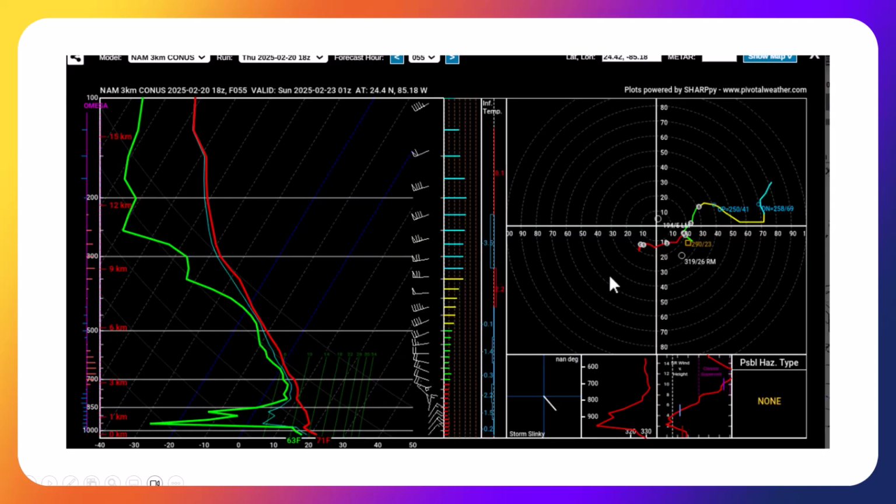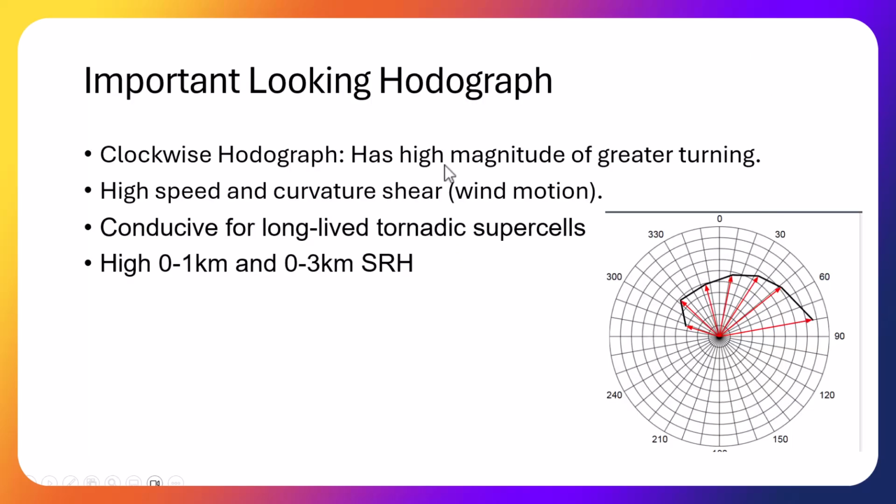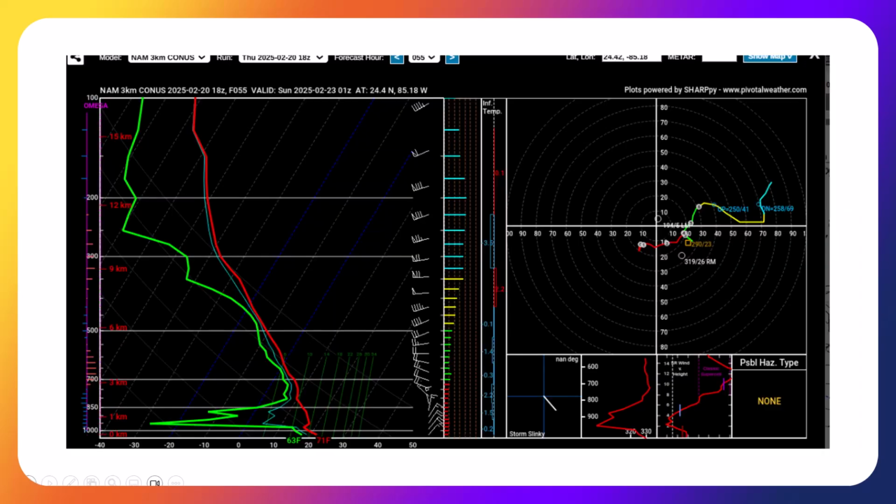So, not a great example of a supercell hodograph, but I just want to show you where a hodograph even is. On the left here we have our sounding, and on the top right is our hodograph. We can see our line here.